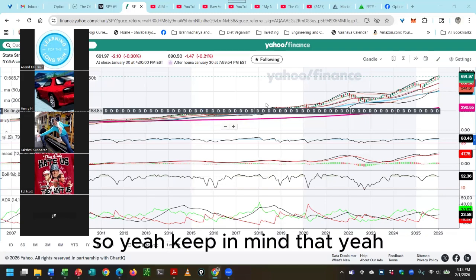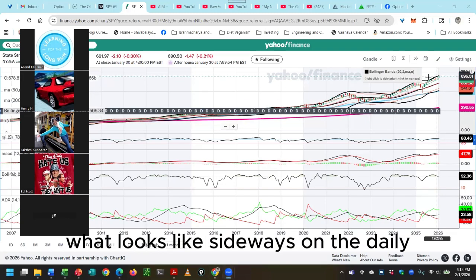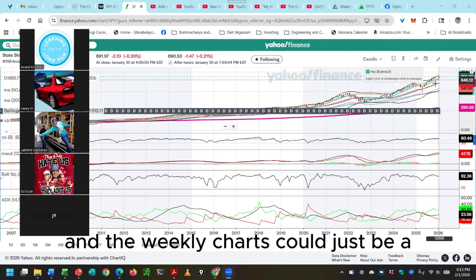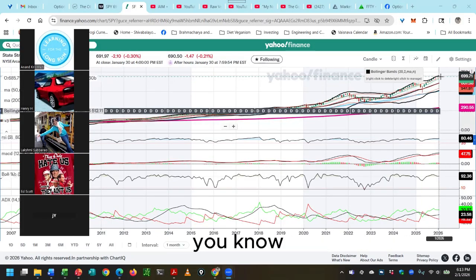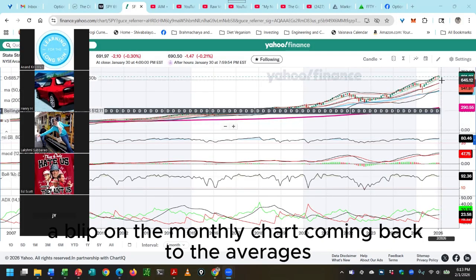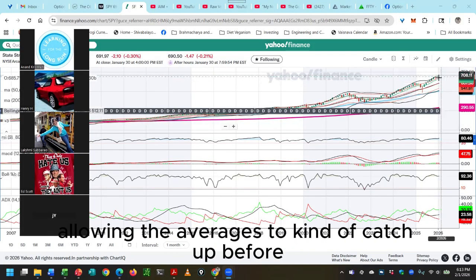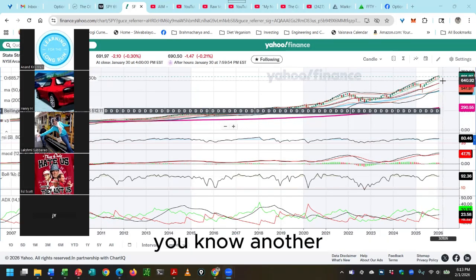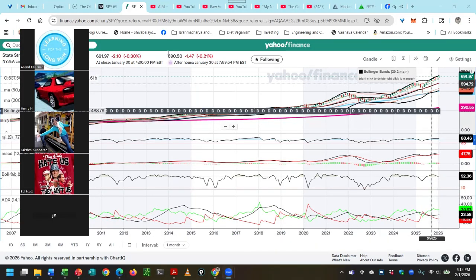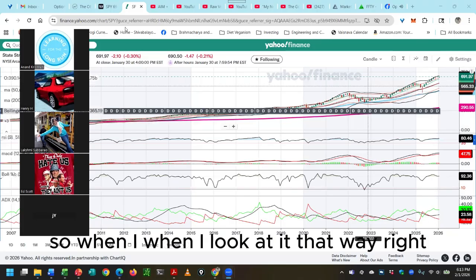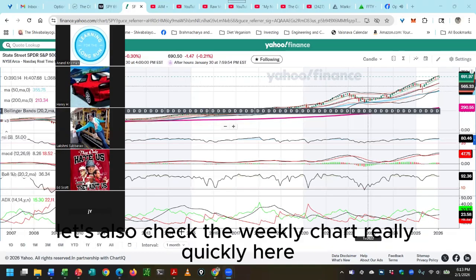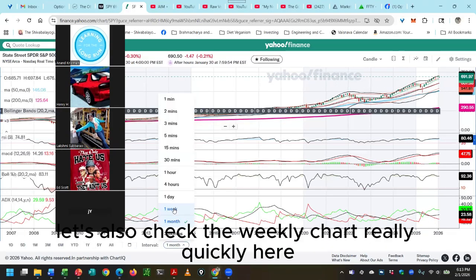So keep in mind that what looks like sideways on the daily and the weekly charts could just be a blip on the monthly chart coming back to the averages, allowing the averages to kind of catch up before another up run. So when I look at it that way, let's also check the weekly chart really quickly.